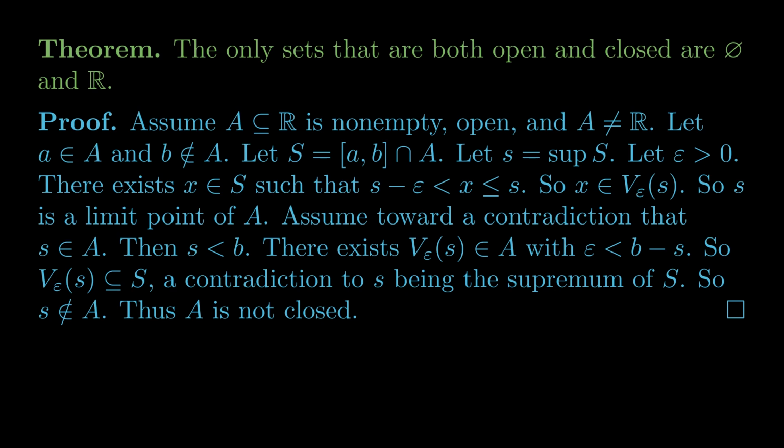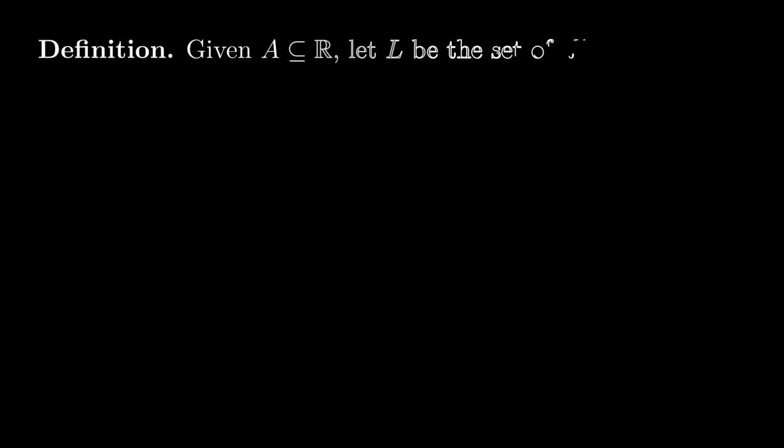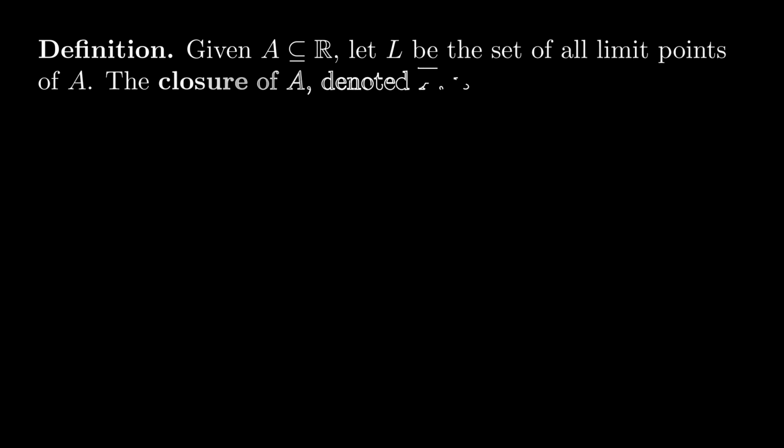For those sets, we could form their closure or their interior, making them into a closed set or making them into an open set. Given some subset A of the real numbers, let L be the set of all limit points of A. The closure of A is defined to be A union L, and we'll denote it with this A with a bar on top.